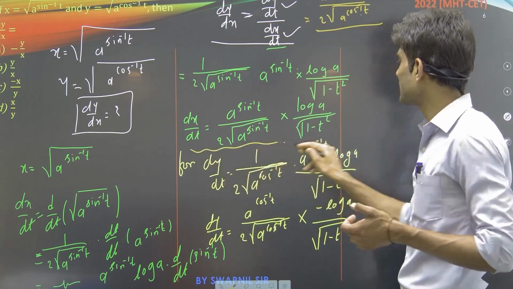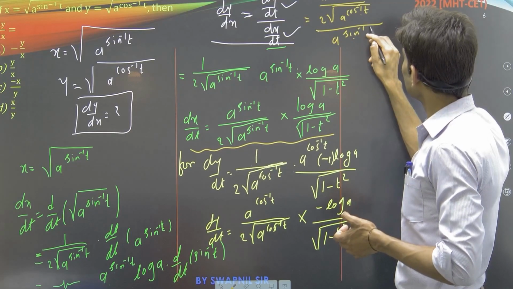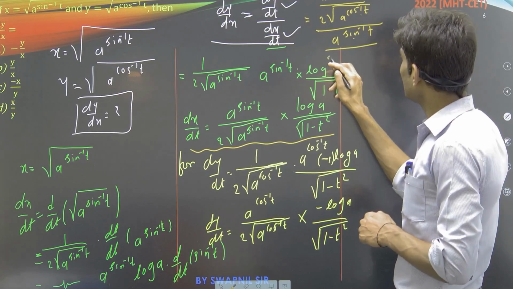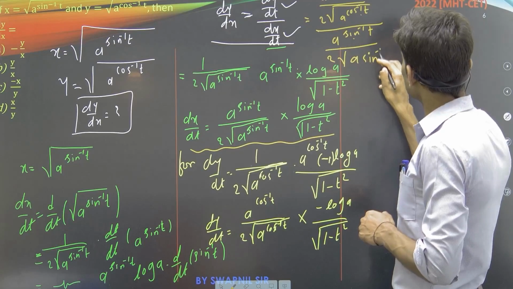We have to use dx by dt from here: a to the power sine inverse of t, completely divided by 2 into square root of a to the power sine inverse of t.